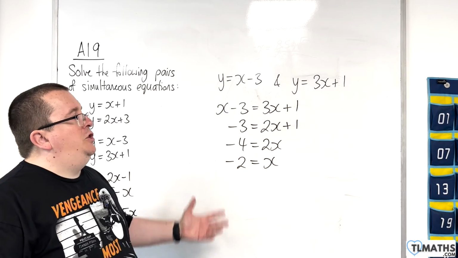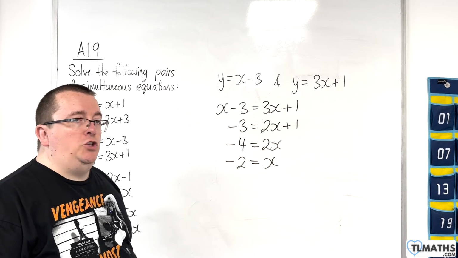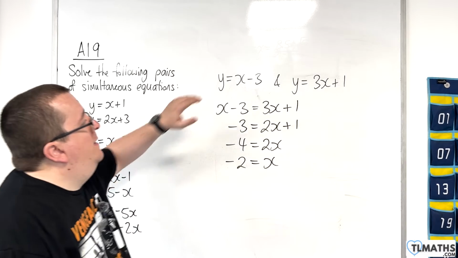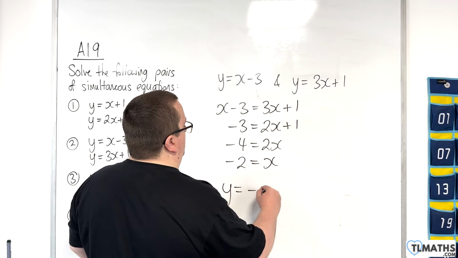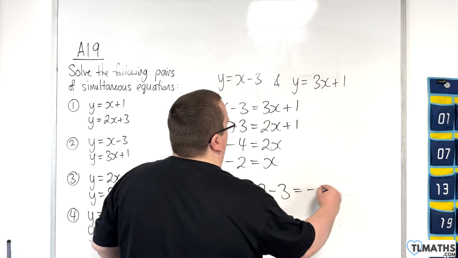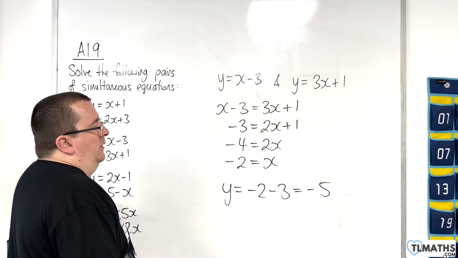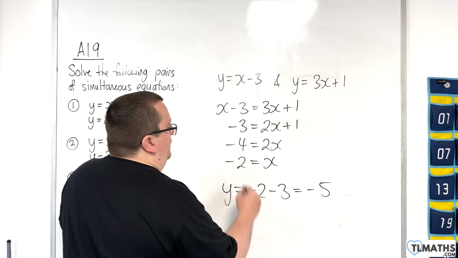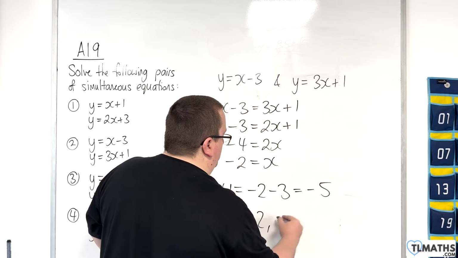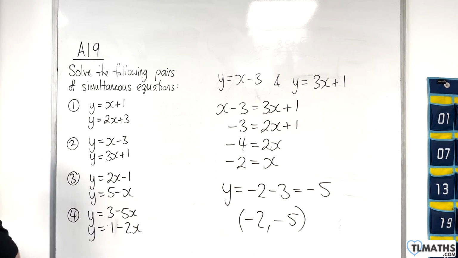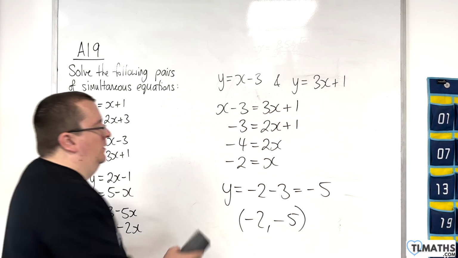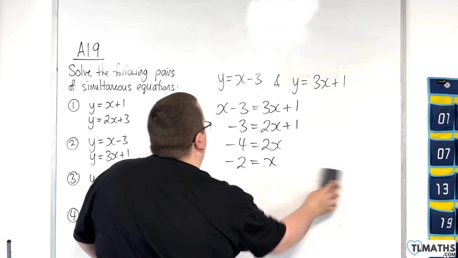And then I substitute it into either of the two original equations and choose the easiest one. That's definitely the easiest one. So y is equal to minus 2 take away 3, which is minus 5. So the two graphs intersect at minus 2, minus 5. Right, that's number 2.